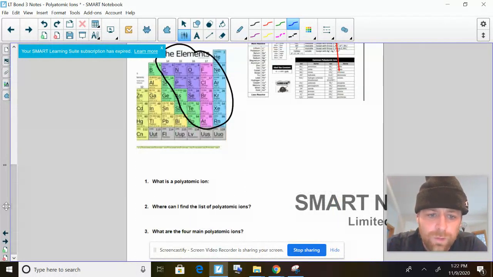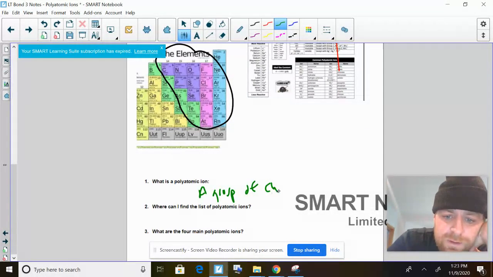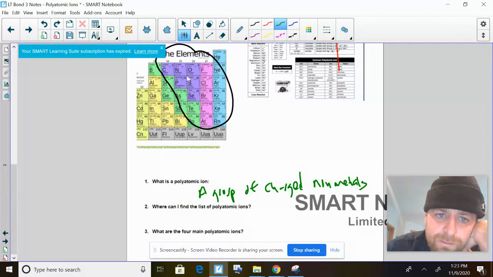Alrighty. So what is a polyatomic ion? This is on your notes packet, so type this in as we go through it. A polyatomic ion is a group of charged nonmetals. It's a package.